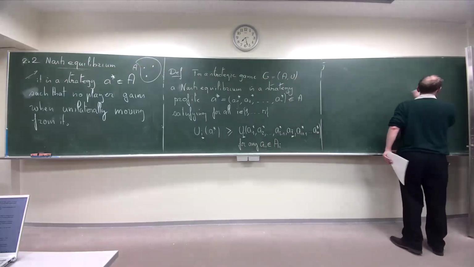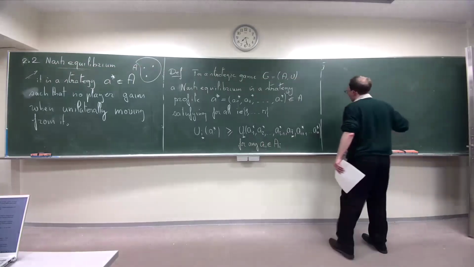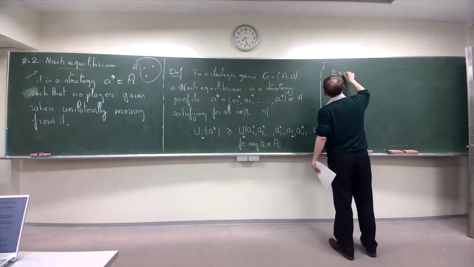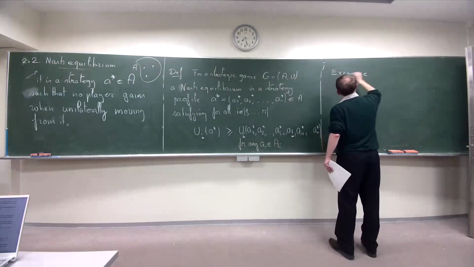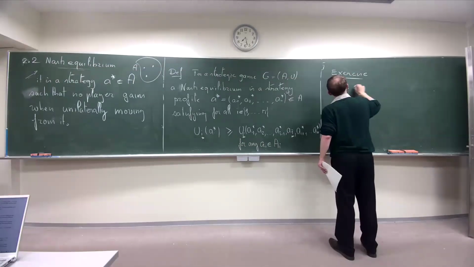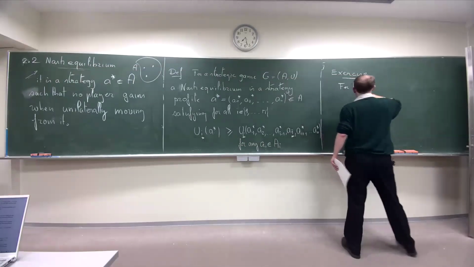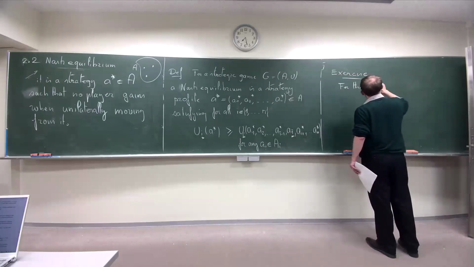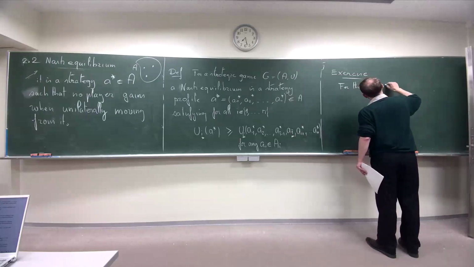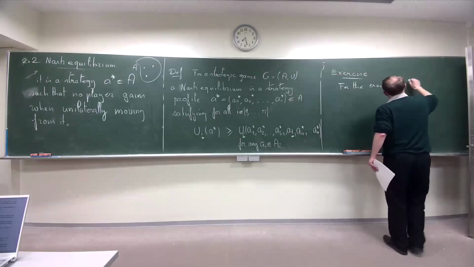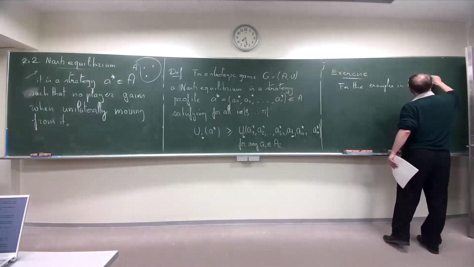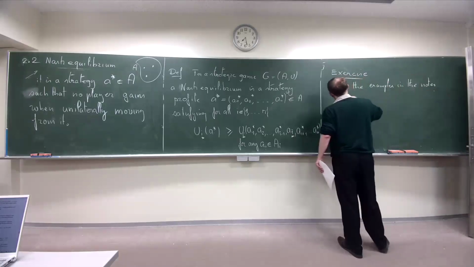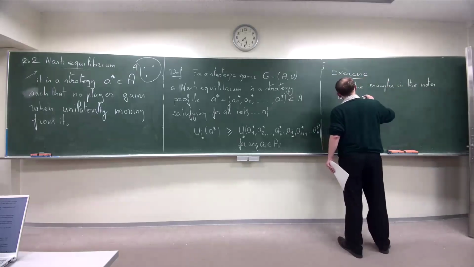But now there is an exercise, and probably you can find many of this type. I encourage you to look at this for the 3 or 4 examples that you can find in the notes. For the examples in the notes, a Nash equilibrium exists.